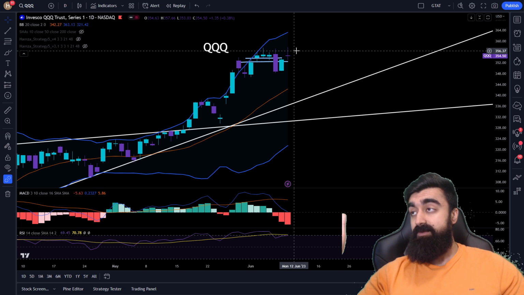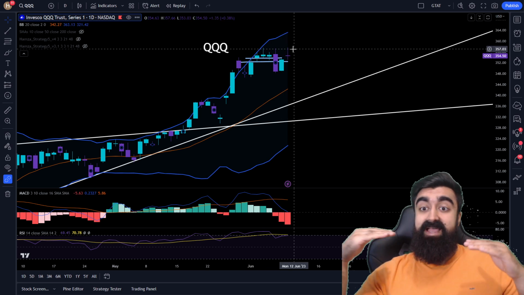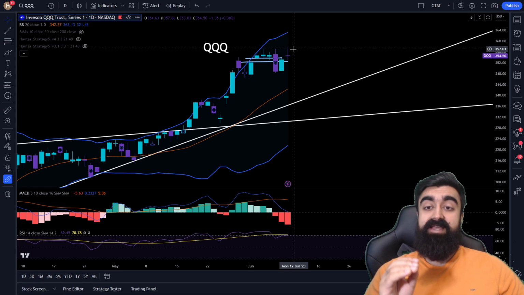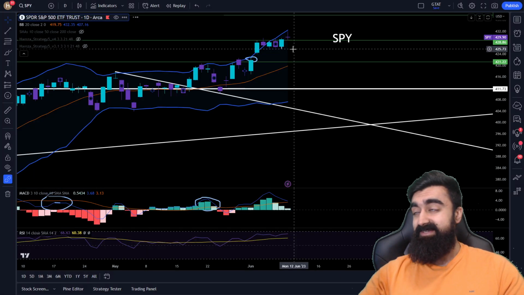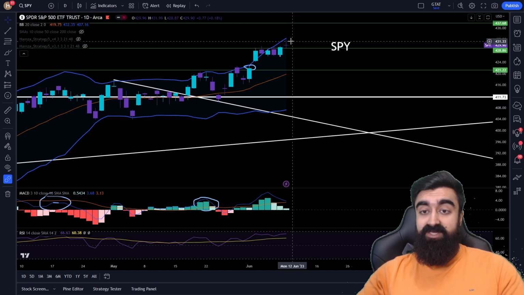You would rather see a nice solid green candle into a level of resistance for a continued move up, not a doji. Okay, so essentially the NASDAQ just needs to break and close above 357.50, 358, as a comfortable level of resistance to continue moving up. Then once the NASDAQ can close and show that strength, then I think the SPY can comfortably break above 430, 431.